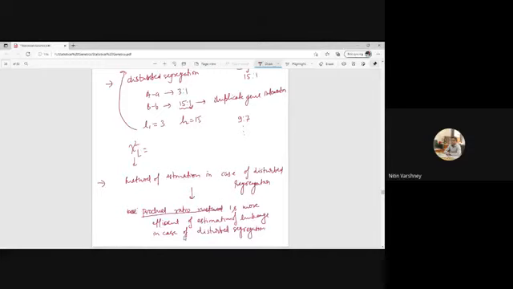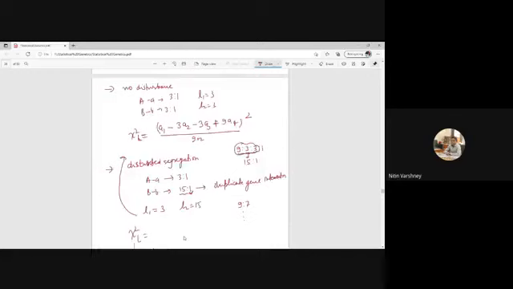With this we have completed our Mendelian genetics. Now if you have any doubt, you can ask me. So in statistical genetics there are three parts.